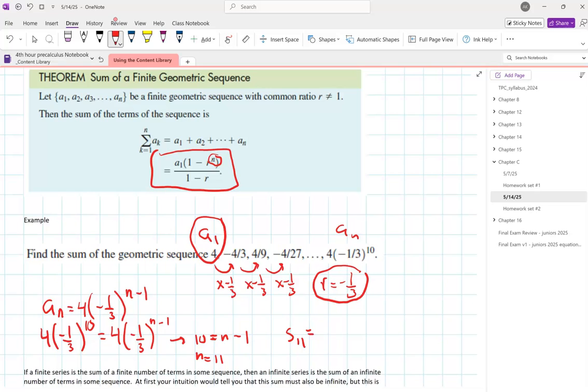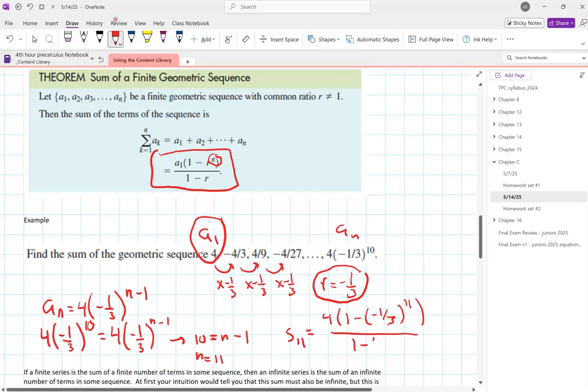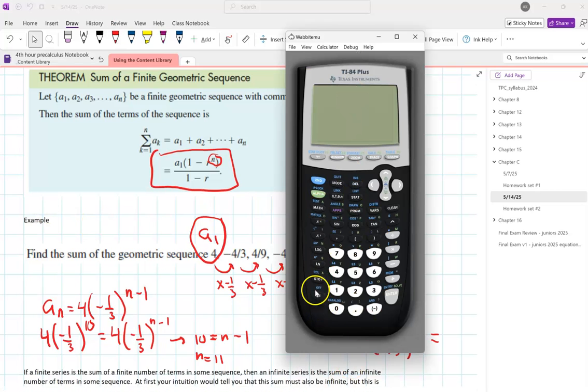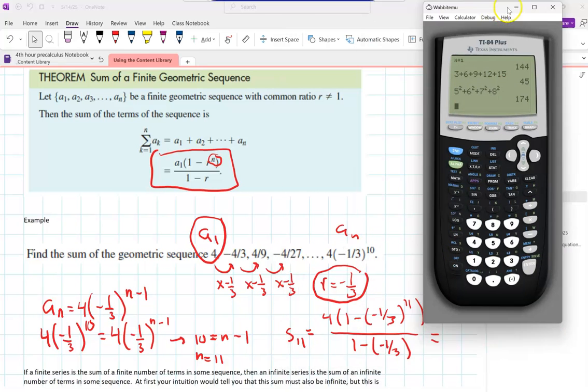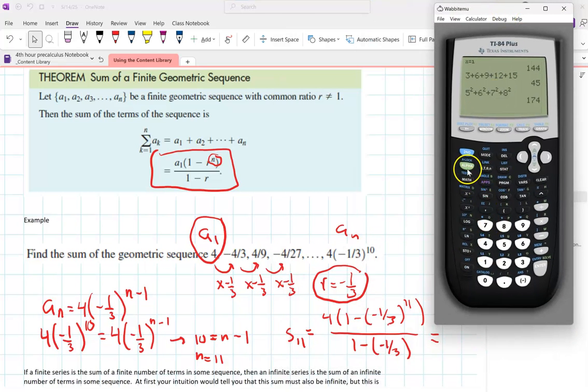So my sum then should be that. And if I go to my calculator, that's not one I can do in my head.